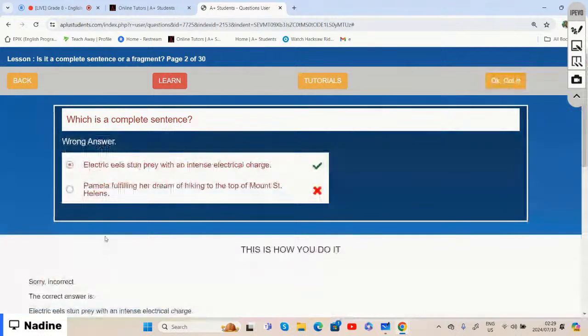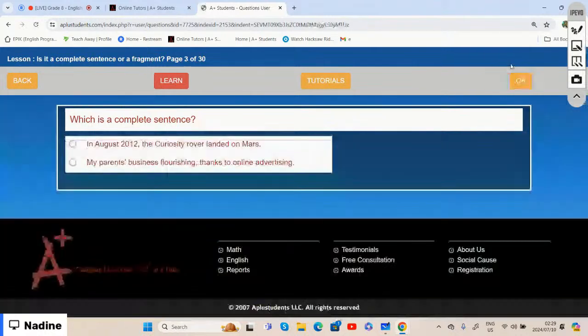Oh, this one is missing a helping verb. So it's actually option one, electric eels stun prey with an intensive electric charge. I apologize. So it's actually option one, not option two.